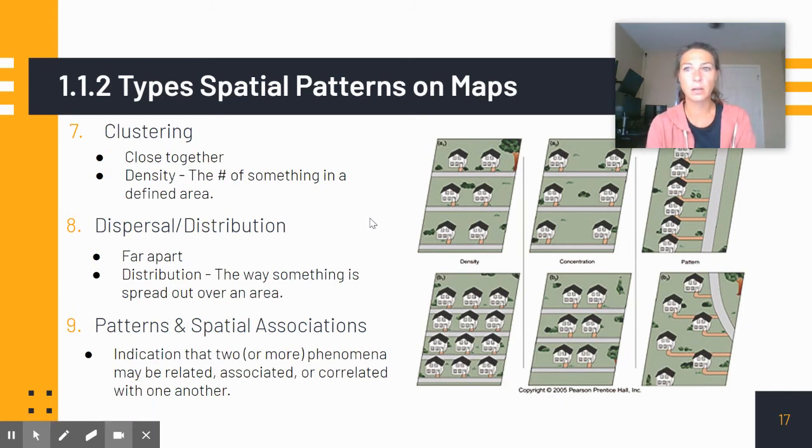And then lastly, we talk about patterns and spatial associations. This is the critical point to this whole map thing, right? How are things connected? How are they related? How are they correlated with one another? I did this inadvertently when we were looking at the choropleth map, where I was talking about education. How ironic it is that the northern hemisphere in Australia tends to be more educated and richer.